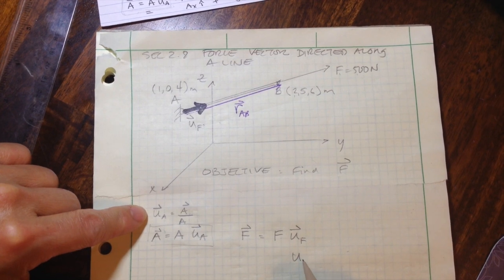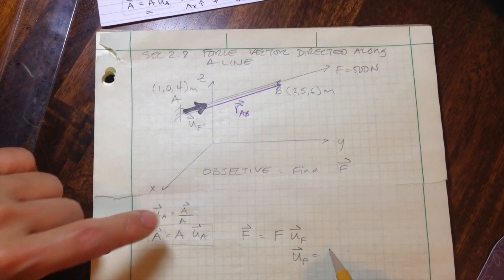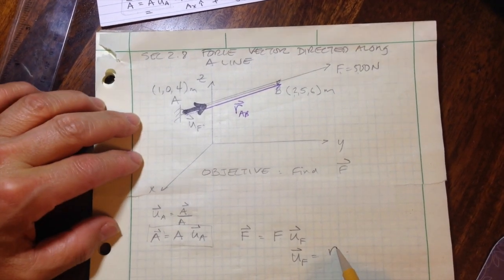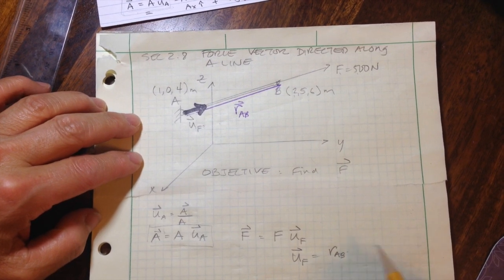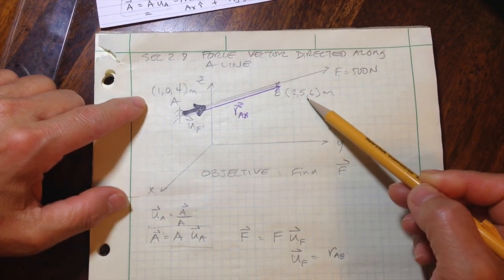So the unit vector along force F is equal to the position vector that goes from A to B.